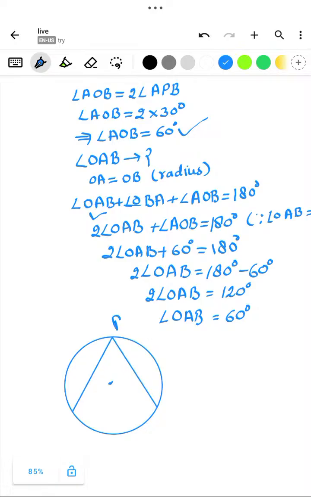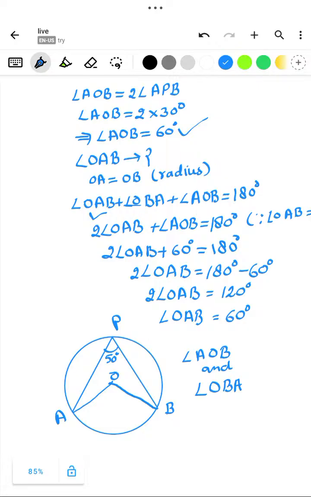This is point A, this is B, this is P. This angle is given 50 degree, then you have to find out angle AOB and angle OBA.